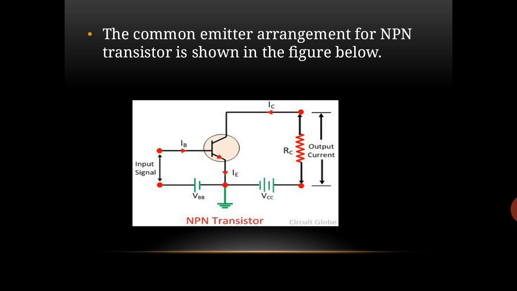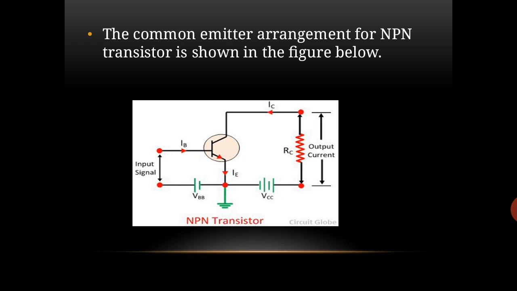Now see how to construct the common emitter with the help of an NPN transistor. As you can see, this is the symbol for the NPN transistor. How to identify the NPN transistor? The middle P is the base, and the arrow is going from positive towards negative, that red arrow you can see.